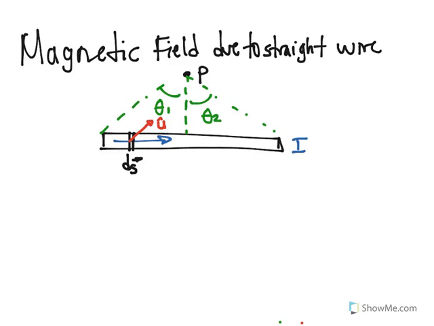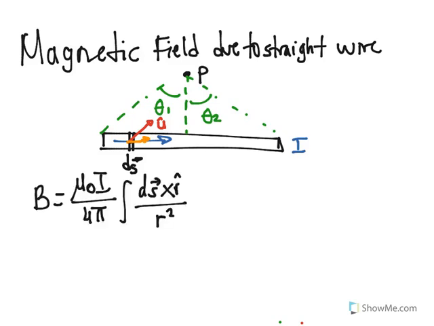And of course the ds goes in the direction that the current goes. So this is the Biot-Savart law, and mu 0 I over 4 pi is constant, so the only thing that matters right now is ds cross r over r squared.